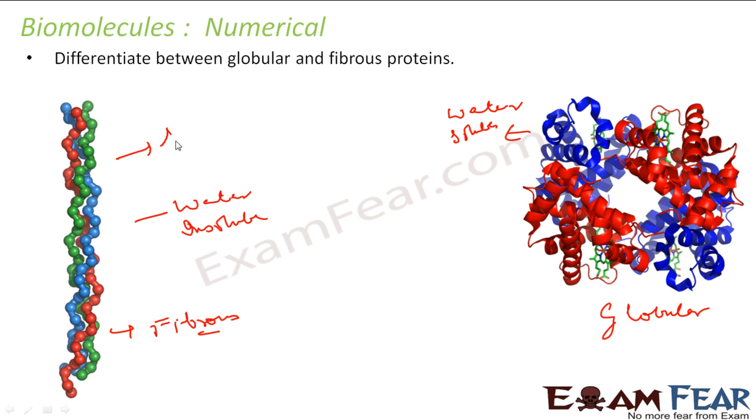This is generally for structures and this is for enzymes, hormones. So we have seen hemoglobin had this globular kind of structure that we have seen.